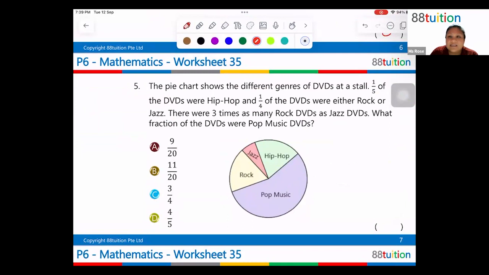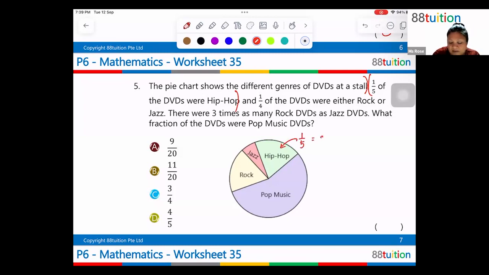In this case, there are no values on the pie chart, so I have to read the question. The pie chart shows the different genres of DVDs at a store. 1 out of 5 of the DVDs were hip hop. 1/5 hip hop. This is 1/5.